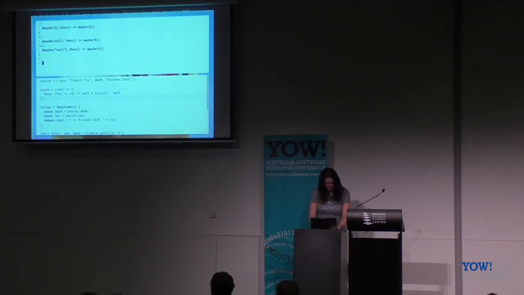So that's how the maybe works. I'd also like to add a prop function, which takes advantage of this. It will be a function that takes a key and an object, and it will return us a maybe of the contents of that key.